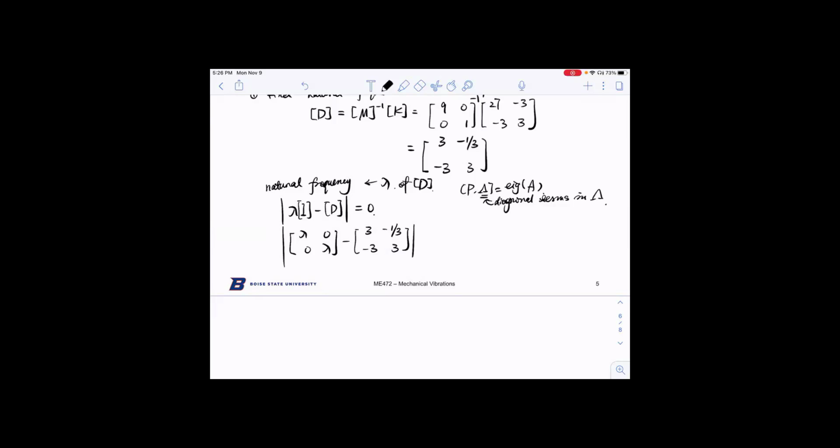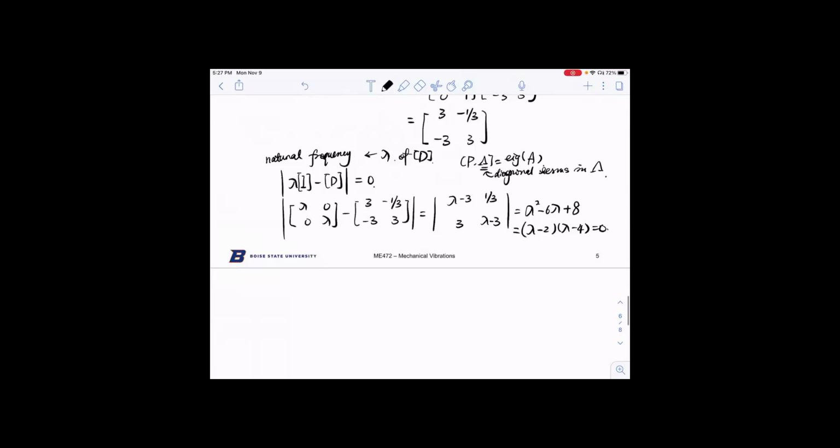The determinant is just (lambda minus 3) times (lambda minus 3) minus 1/3 times 3, which equals lambda squared minus 6 lambda plus 8, and then you can factorize it: (lambda minus 2)(lambda minus 4) equals 0. So then you can find lambda 1 equals 2 and lambda 2 equals 4.